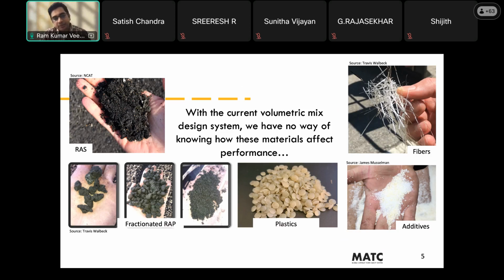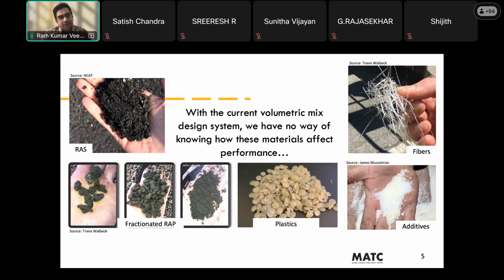For example, you see in the top left corner RAS material being added, and fractionated RAP is another one of the new materials, and other materials as well, like plastics, fibers, and additives. So just to give a reason why: RAS, when you add it into the mix, can stiffen your mix, but as most of you may be familiar, it may lead to embrittlement or brittleness of the asphalt mixture over a period of time.